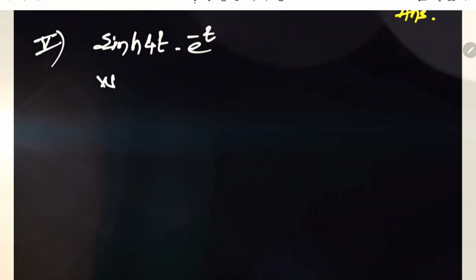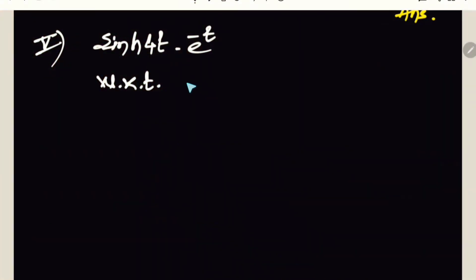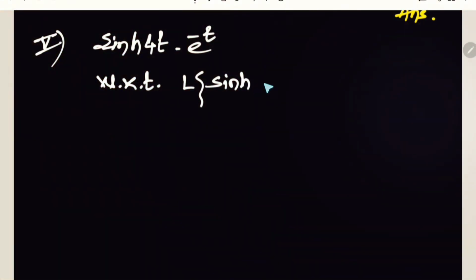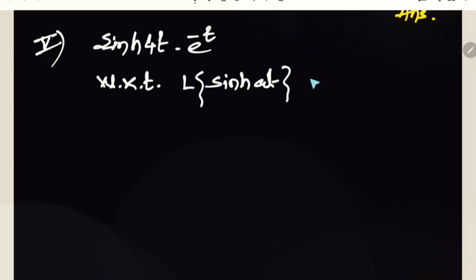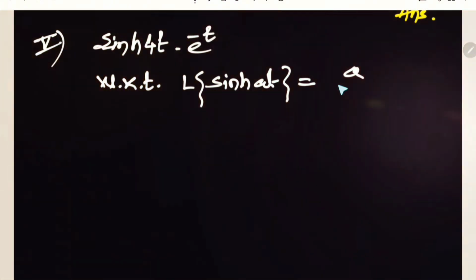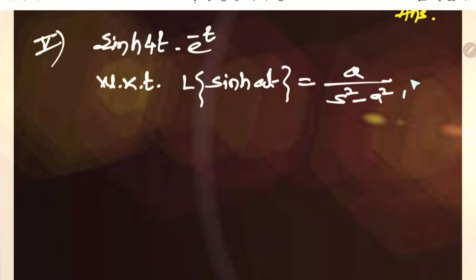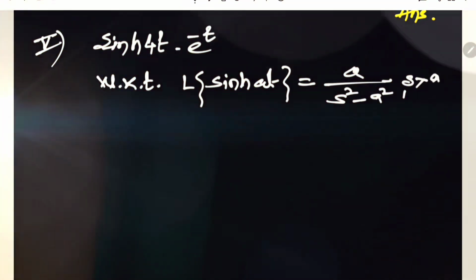Then fifth, sin h 4t, it is multiplied by e raised to minus t. As it is multiplied by e raised to minus t, it becomes the problem of first shifting theorem. Therefore, first of all we find Laplace of sin hyperbolic of 4t, and we know this result, Laplace of sin h at as a upon s square minus a square for the condition s greater than a.